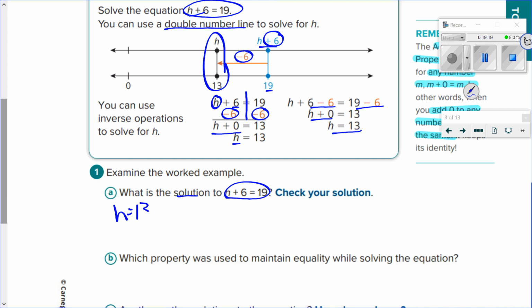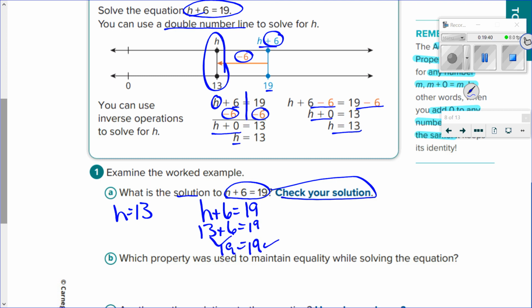H equals 13. How do I check the solution? Good. So instead of h plus 6 equals 19, I write 13 plus 6 equals 19. Now I get 19 equals 19.